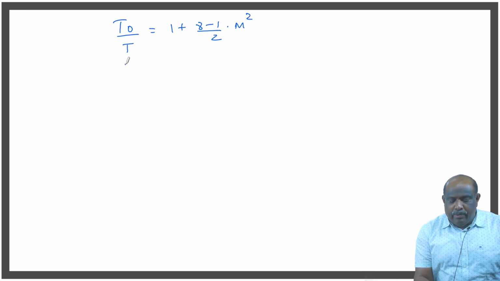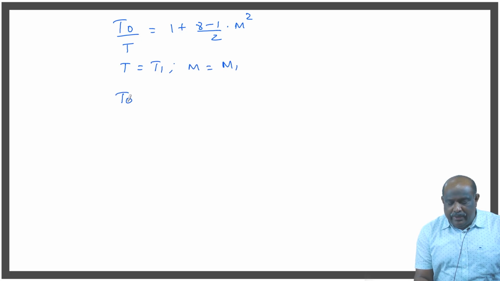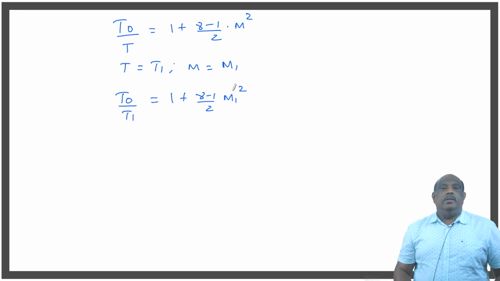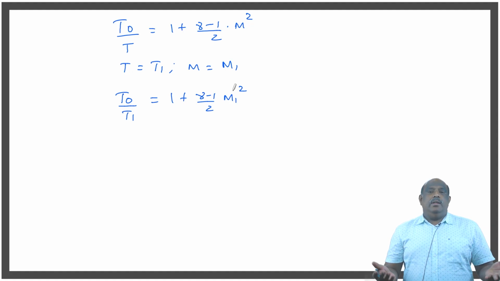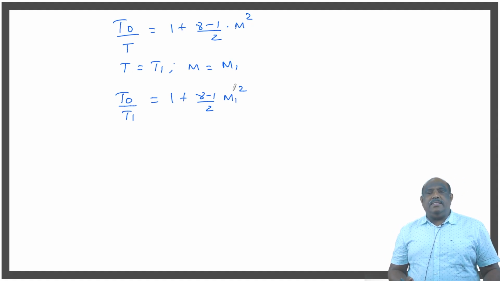When T becomes T1, my M becomes M1, so T naught by T1 equals 1 plus gamma minus 1 by 2 into M1 squared. What is M1? The Mach number at the inlet. What is M2? The Mach number at the exit.